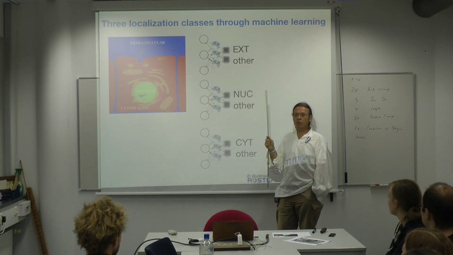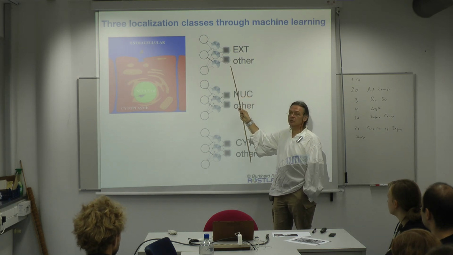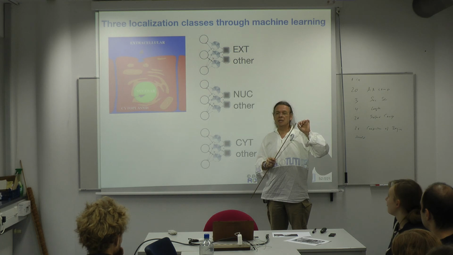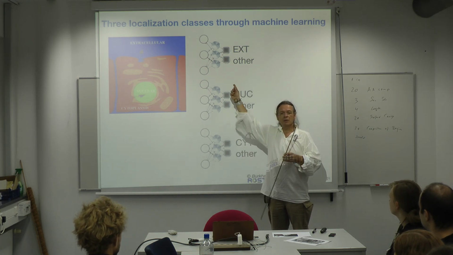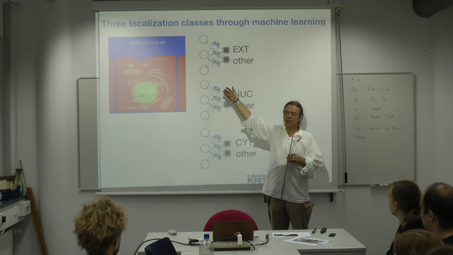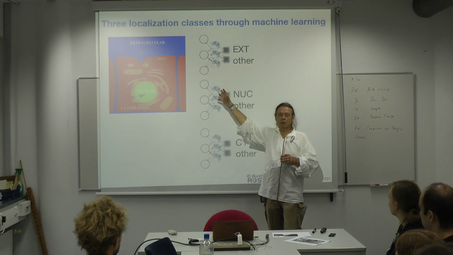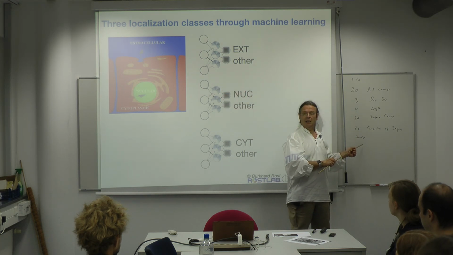What we need now is 40,000 proteins. We do not need 40,000 for both classes together, but what we need 40,000 for typically is the smaller of the two classes, which in this particular case means extracellular. We don't have that. Actually, the extracellular proteins are in the ballpark of less than 5,000. So this number clearly is too high.